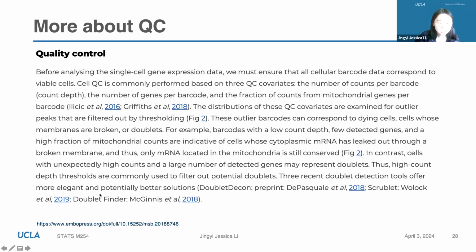In contrast, cells with unexpectedly high counts and a large number of detected genes may represent doublets. Thus, high count depth thresholds are commonly used to filter out potential doublets. Three recent doublet detection tools offer solutions, right? Including DoubletFinder, which we think works well.